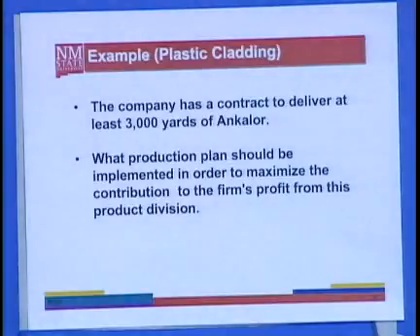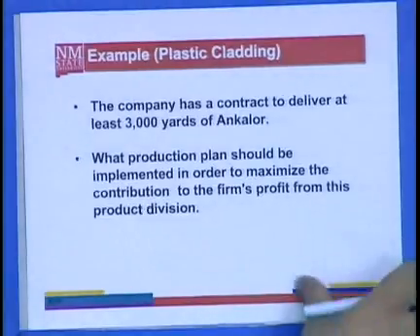The company has a contract to deliver at least 3,000 yards of N-Color, and you are required to determine the best production plan which maximizes the company's total profit. Okay? Those are the problem description.